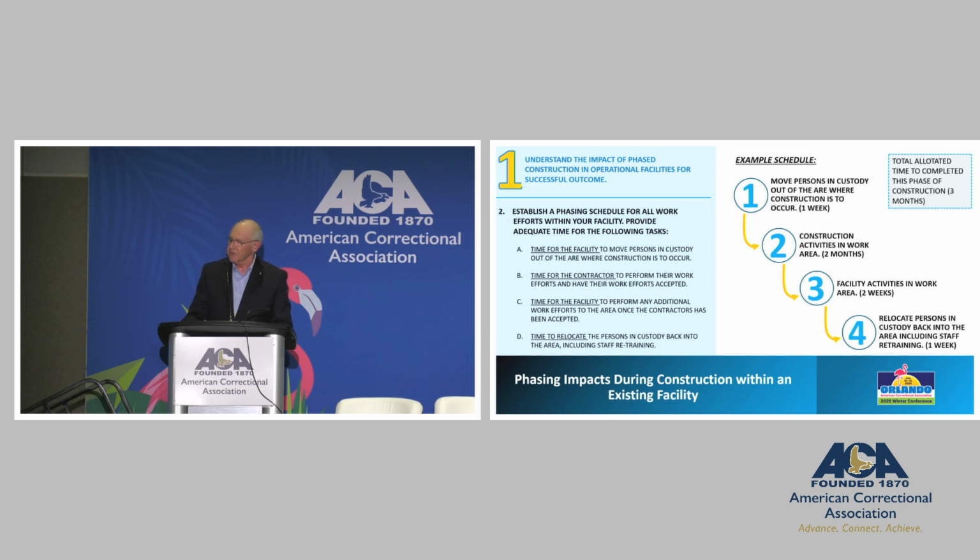And then for your construction activities, we're going to say that's going to take roughly around 2 months. And for the third part of it, the facilities activity in the work area, and this can be the facilities going back in and doing some painting or just miscellaneous work, roughly that takes about 2 weeks. And then for the fourth item is being able to relocate the persons in custody back into the facility. And for this example, we're allocating roughly about 3 months.